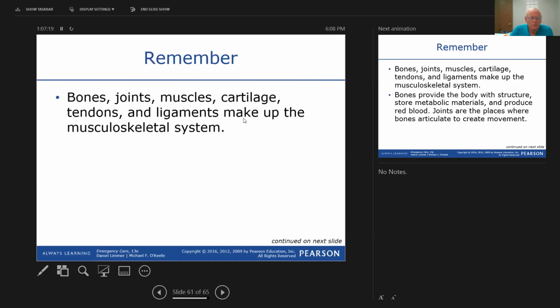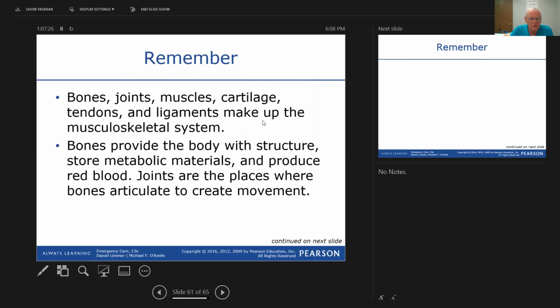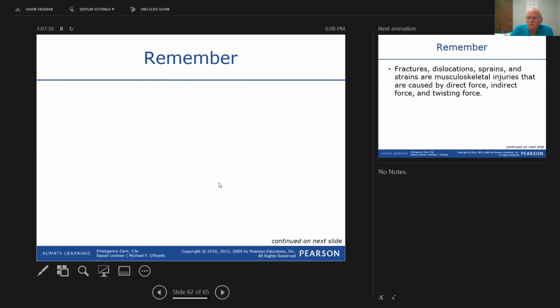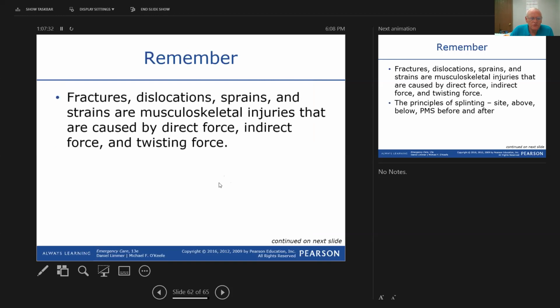So remember, bones, joints, muscles, cartilage, tendons, ligaments, that all makes up the musculoskeletal system. Okay, remember the physiology, what it does for us. So fractures, dislocations, sprains, strains, those are the injuries. And remember the forces that cause them. Okay, direct force, direct impact, usually a blunt trauma.